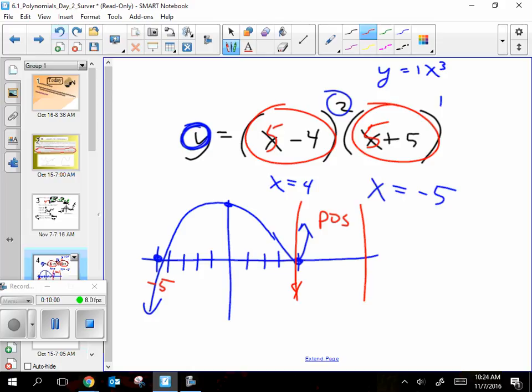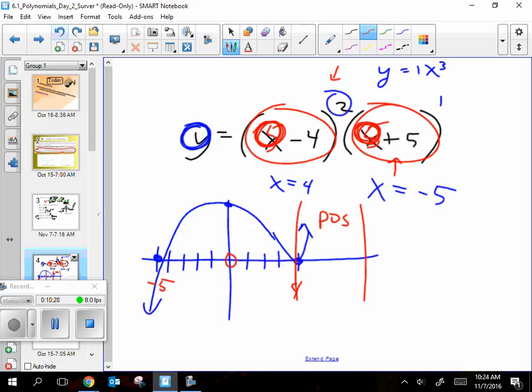Now, I kind of like the other way of knowing that the right end is up, but the bad thing about the right end and the left end is it doesn't tell you anything about the middle. So the middle I can check by any number that's between negative 5 and 4, and my favorite one in there is 0. So let me check 0 quick. 0 minus 4 and 0 plus 5. That's negative 4 squared, which makes it positive 16, and positive 5, it makes positive.